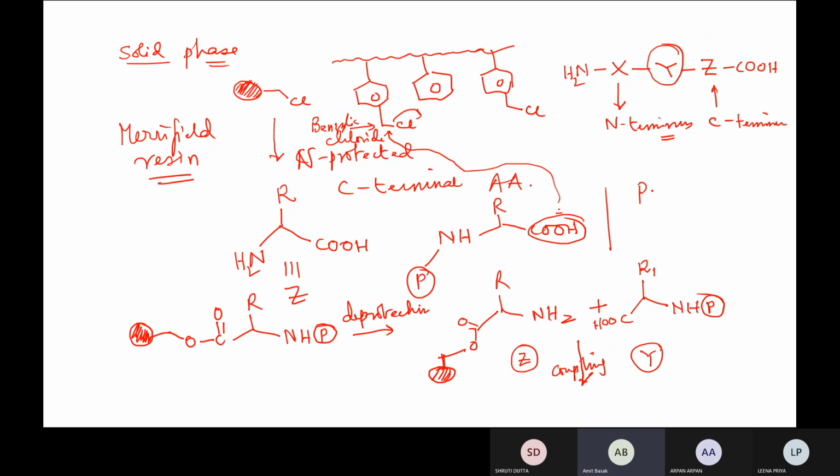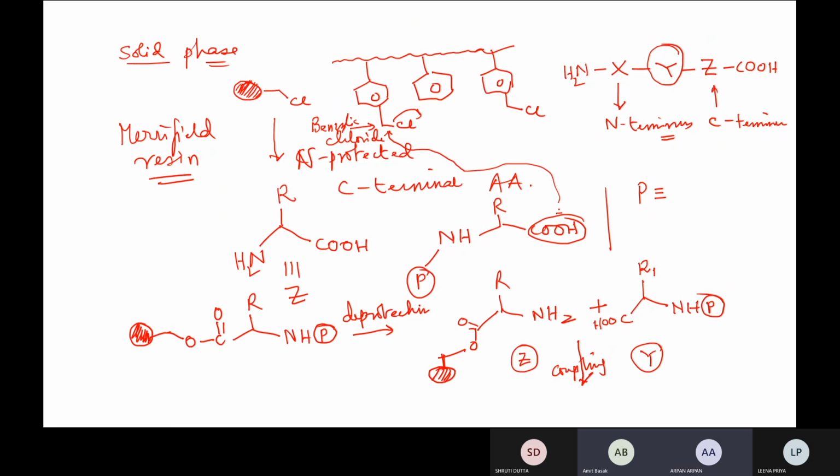What is this P? Can anybody tell? What type of protecting group should I use? Anyone, just tell some protecting groups, we will find out which one is the best.